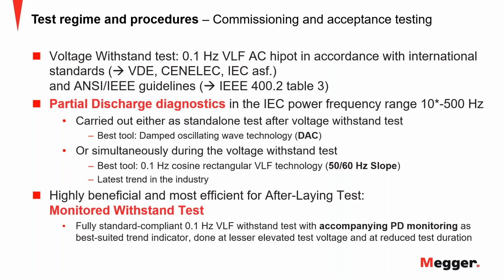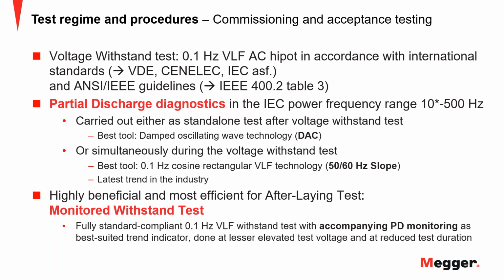Don't confuse these two. If you do a withstand test and a damped AC test afterwards, the damped AC test is a diagnostics PD test, a full proper diagnostics PD test, which you do in various steps. A monitored withstand test is pretty much a withstand test still, but you're trending an additional quantity.